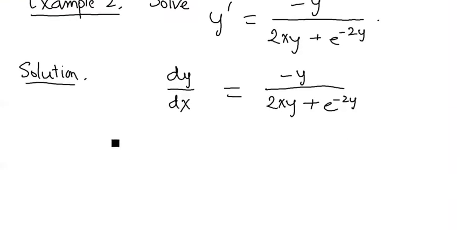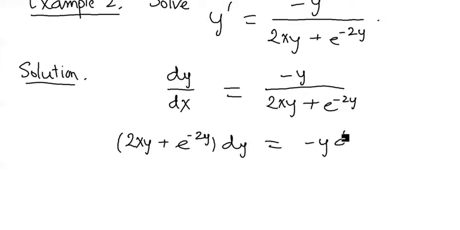Now cross multiply, we have 2xy plus e to the minus 2y dy equal to minus y dx. And then we move this term to the left side.